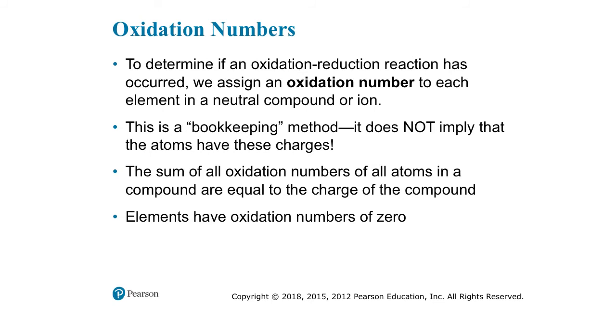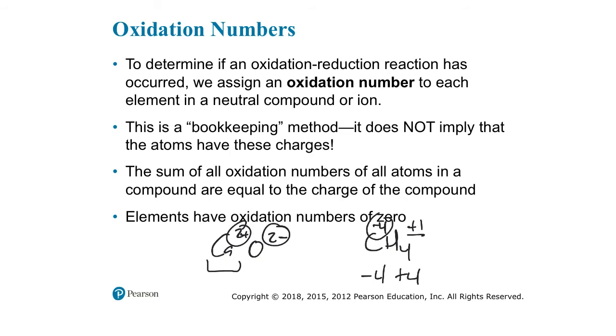It doesn't always mean the atoms have these particular charges. When we think of ionic compounds, the atoms really do have the charges. But when I look at a molecular compound, I have a rule that says the oxidation number of hydrogen is +1 in molecular compounds. So I have a +4 and I get a -4.